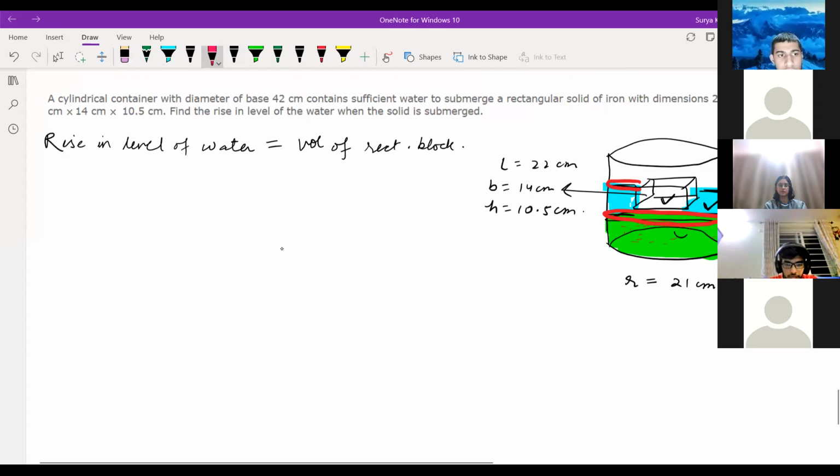So we can write it here as pi r square h is equal to LBH. And don't confuse this h and this h. These both are different, okay?